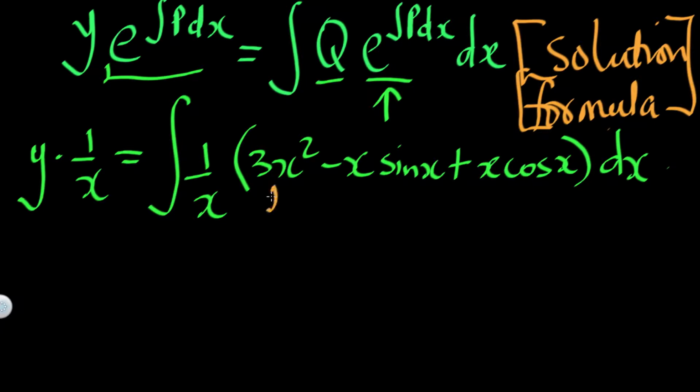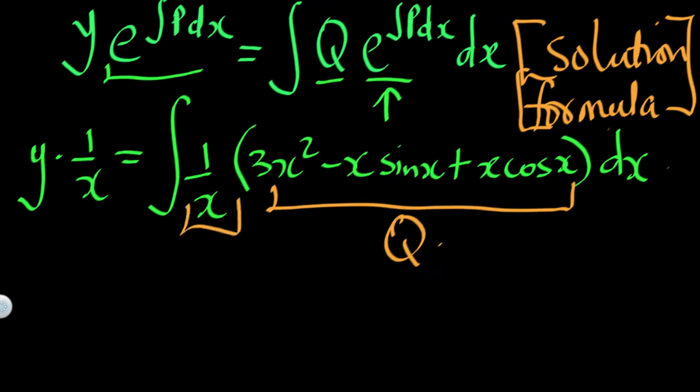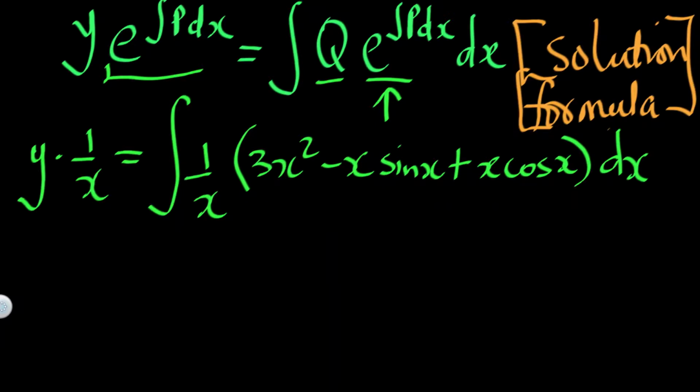I want to highlight that this is my q, and this part here is e to the power of integral of p dx. You find these elements, and then now you're just putting them into the formula, and then you do your integration. I want you to see something here.